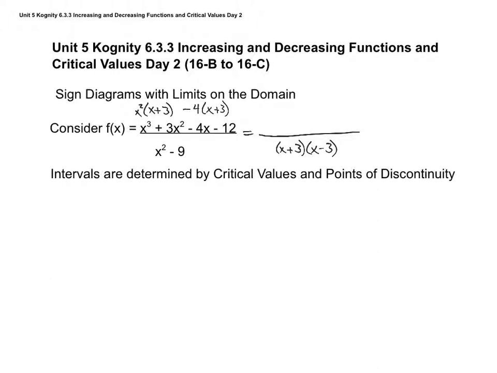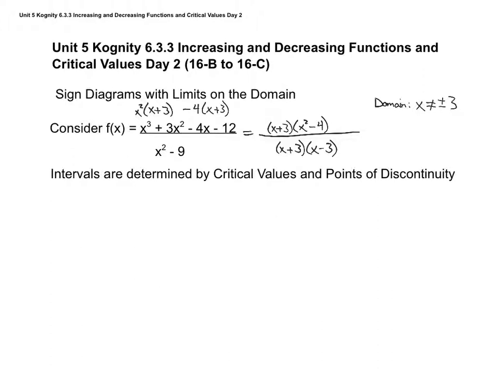Then I have an x plus 3 common factor, times x squared minus 4, which could factor further, but I've gone far enough to tell what I need to. My domain for this function would be what? x cannot be plus or minus 3.